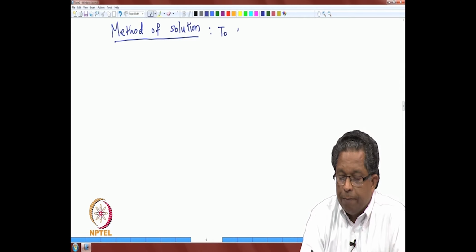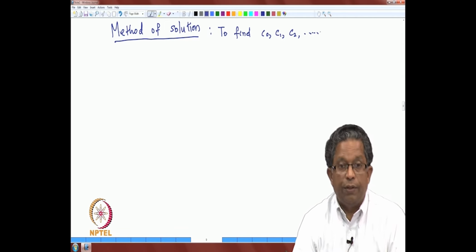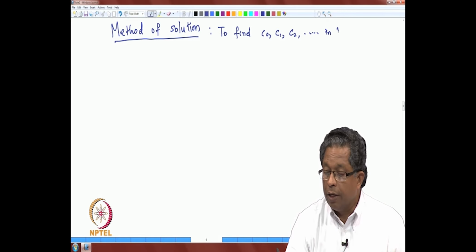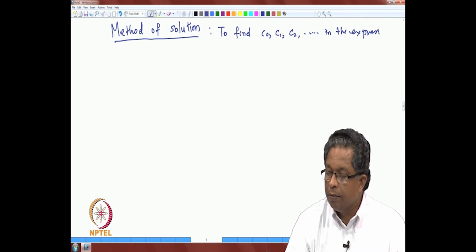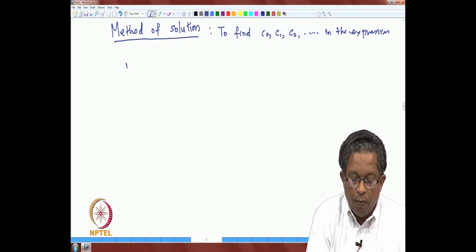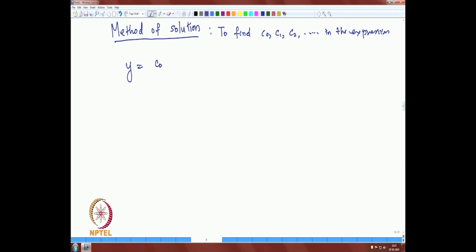We want to find C0, C1, C2, etc., all these coefficients in the expression y is equal to, our series solution, of the form C0 plus C1 (x minus x0) plus C2 (x minus x0) square plus etc., which in compact form we write as summation Cn (x minus x0) to the power n, n goes from 0 to infinity.